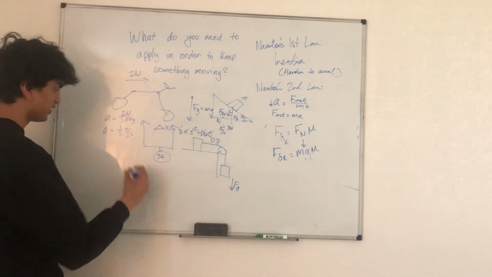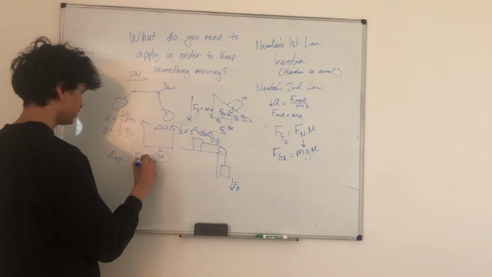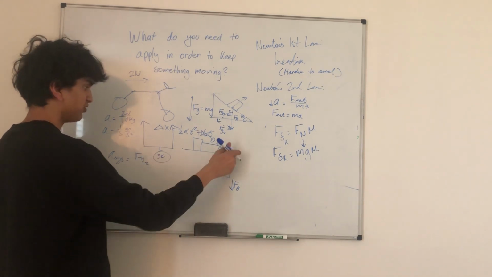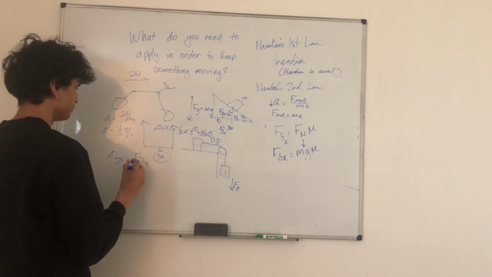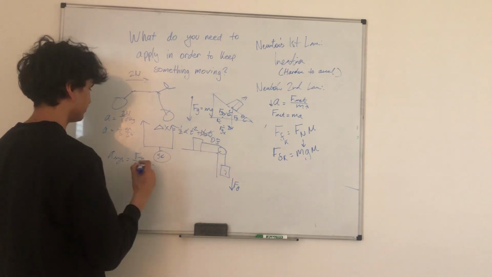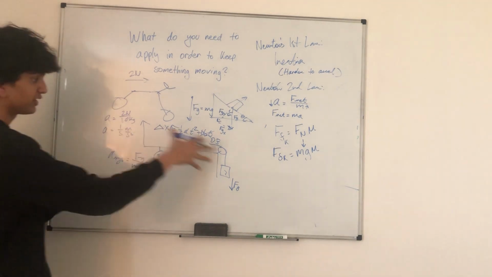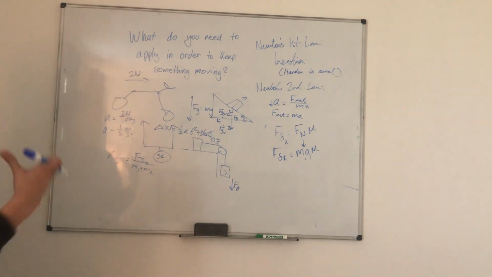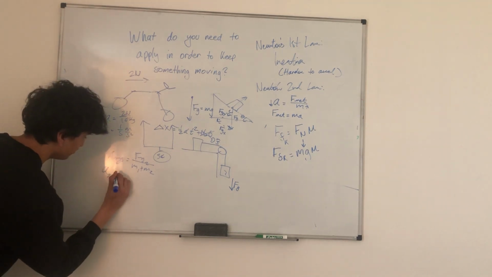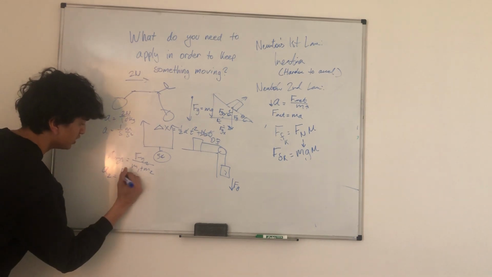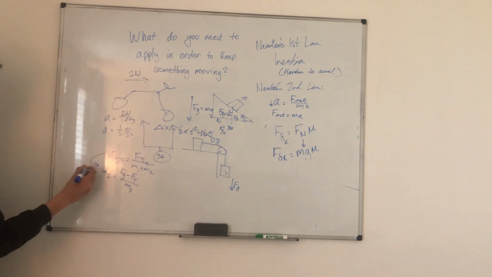The acceleration of the system equals the Fnet on the system, which is only Fg of block 2, because Ft is internal, and we'll say there's no friction, over the total mass, m1 plus m2. Then if you had to find the tension, everything accelerates at the same rate. Once you find the acceleration of the system, the acceleration of block 2 equals Fg minus Ft over m2, and plugging in this acceleration, you can find tension.